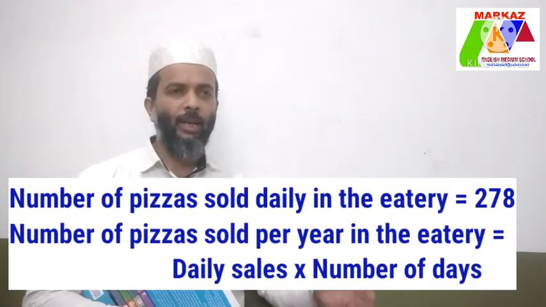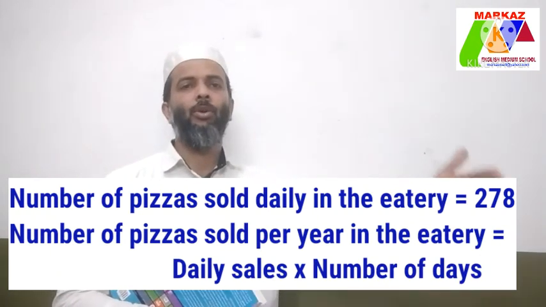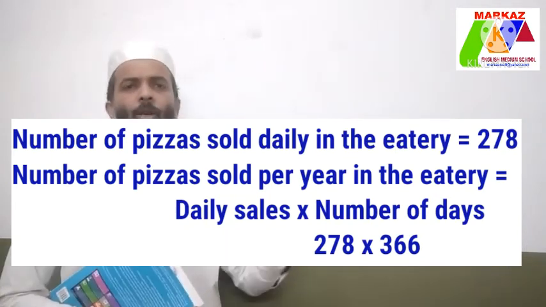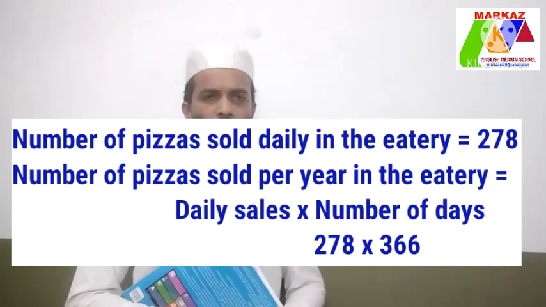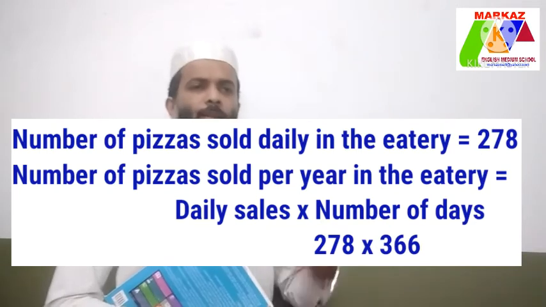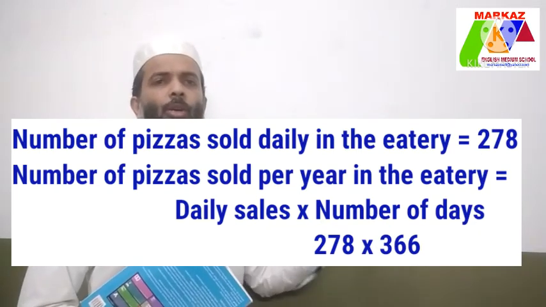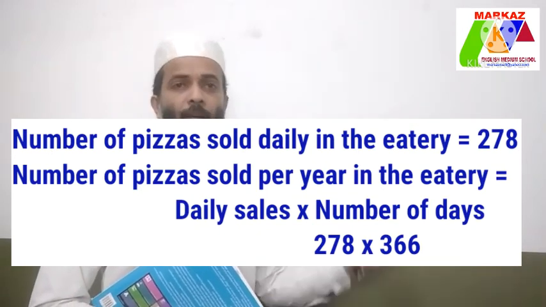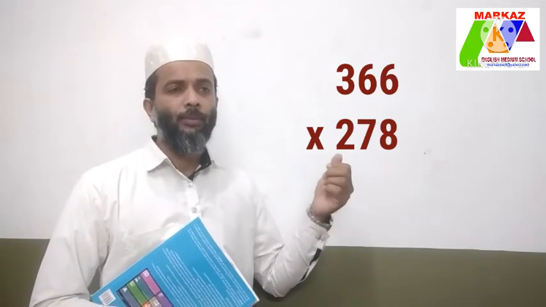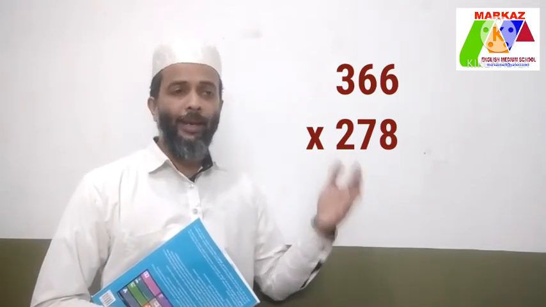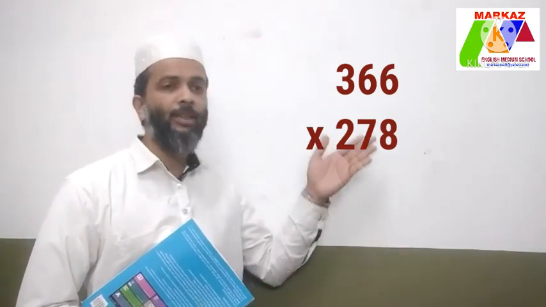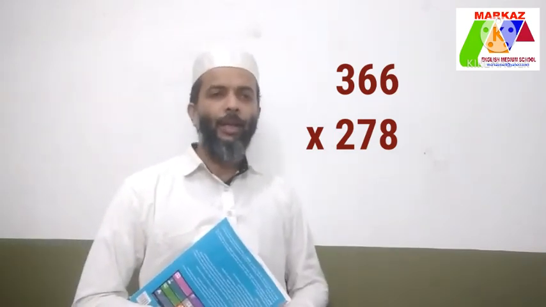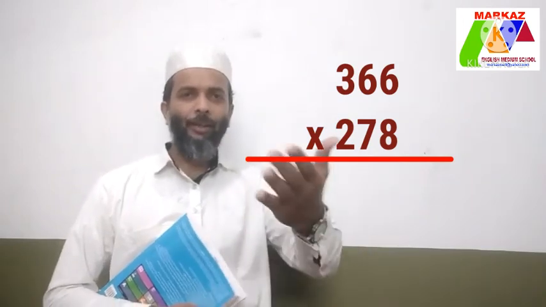That means 366 into 278. Write the numbers in your working column again and multiply 366 into 278. That is 3-digit numbers, so in the answer line, we get 3 different answers. Let's multiply. 8 into 6.